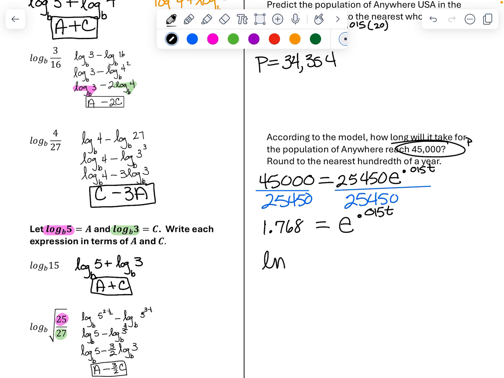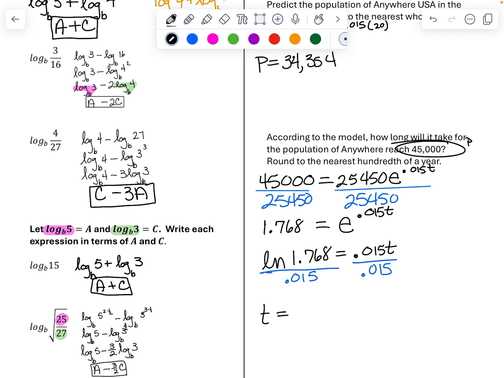So we're going to say the natural log of 1.768 is equal to 0.015t. And then we're going to divide by 0.015. And that will tell us the time.